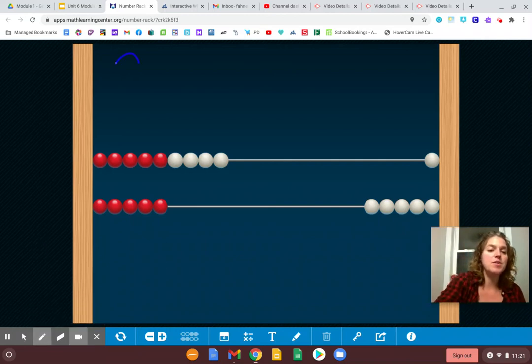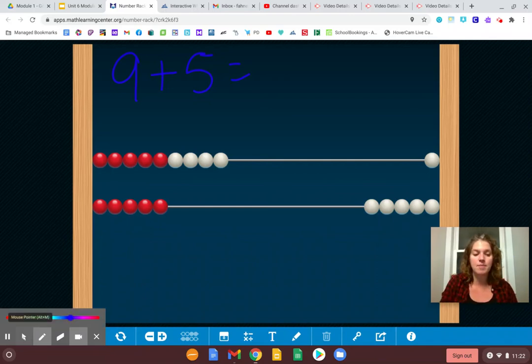Some of you are going to do 9 plus 5. And that is totally fine. You might count your 9 and then count 5 more onto that. 9 plus 5. But there's another way that you can solve that problem. You can solve it using your 10 and some more strategy.